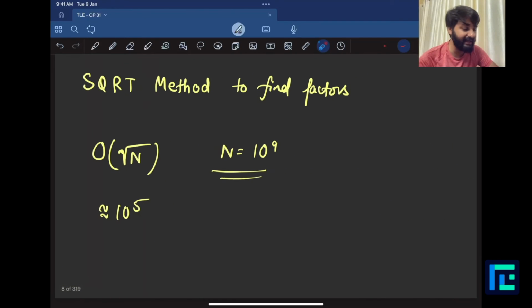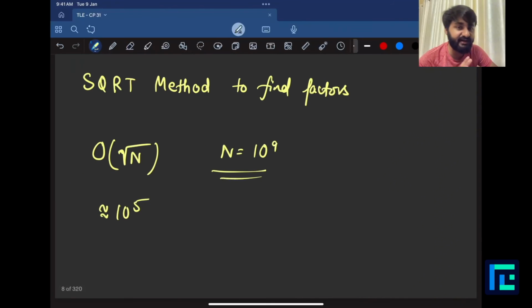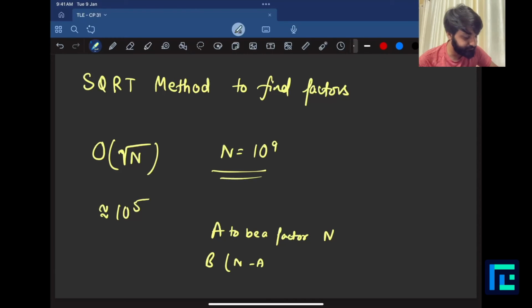From here on, I can add one more smart idea on top of this. See, as of now, we have just deduced that you are looking for A to be a factor of n, and then B automatically is n minus A. But you are not sure what the LCM of A and B is over here. You will have to find that LCM and minimize it overall.